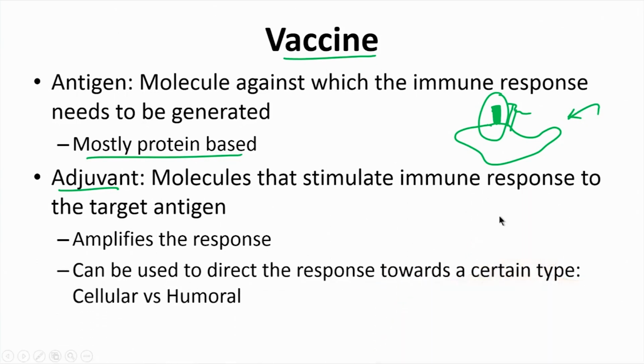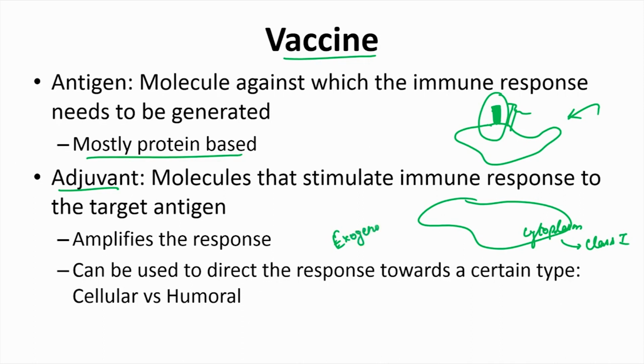And the type of adjuvant you put can be used to change whether the immunity is going to be cellular or humoral, and this I already defined. So, the class 1 versus the class 2. Class 1 is something that is derived from the cytoplasm, and class 2 is something that is exogenously acquired antigen.